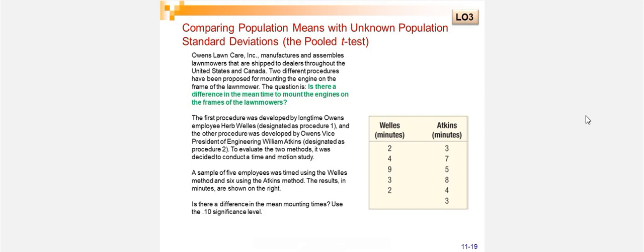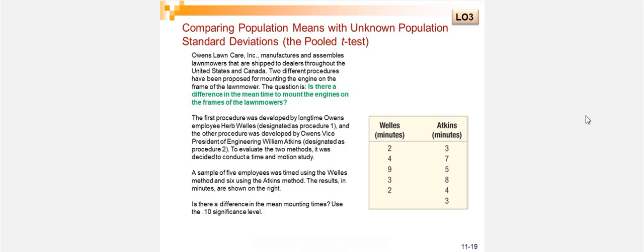A sample of 5 employees was timed using the Welles method and 6 using the Atkins method. The results in minutes are shown on the right. Is there a difference in the mean mounting times? Use the 0.10 significant level.